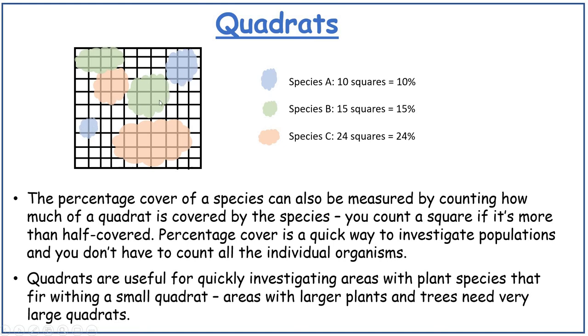And then species B, the green one, 1, 2, 3, 4, 5, 6, 7, 8, 9, 10, 11, 12, 13, 14, 15. Species C, 1, 2, 3, up to 24.